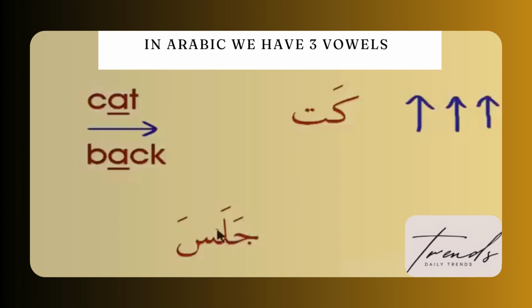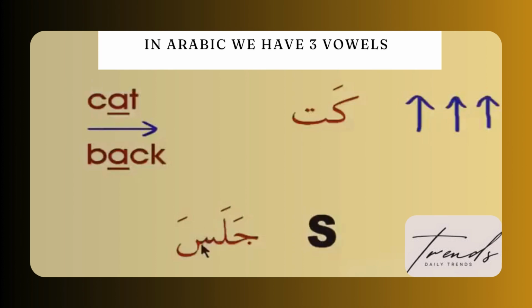Then we have the lam here. That's equivalent to the letter L in English. Like the word look. To pronounce the lam with the fatha, it's la. So ja, la. And then finally we have the sin. That's equivalent to the S sound in English.